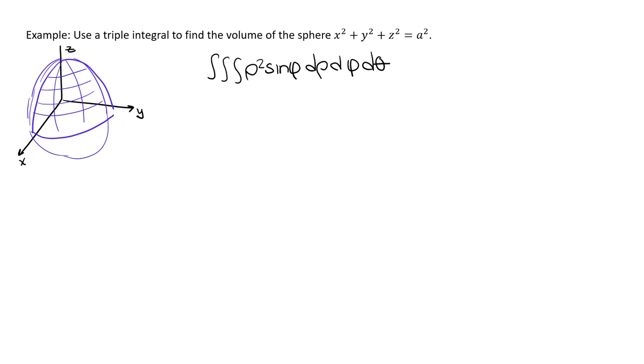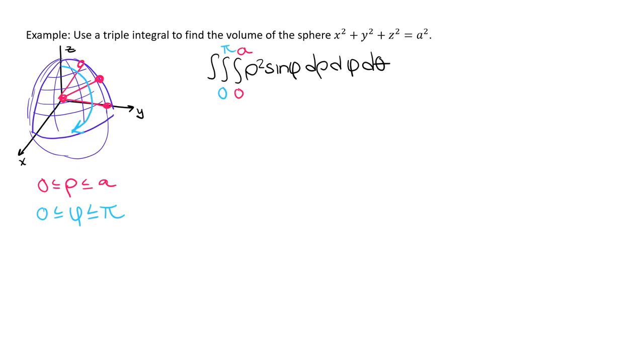So if I'm finding volume, I'm just integrating 1 dv, and so I just put the dv in spherical coordinates into my integral. So then what are my bounds of integration? The rho values, distance from the origin, start at 0, and always stop at a, because this is a sphere with a radius of a.